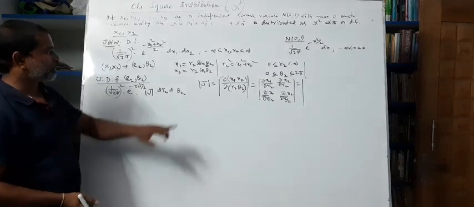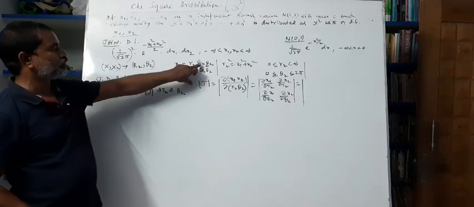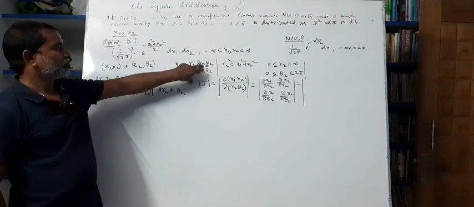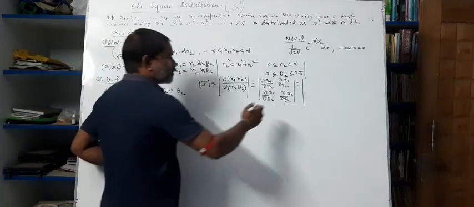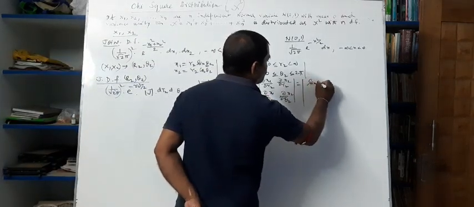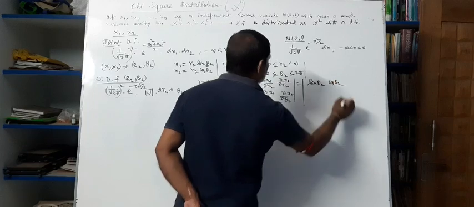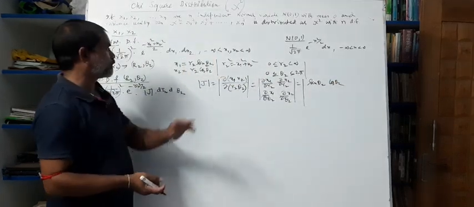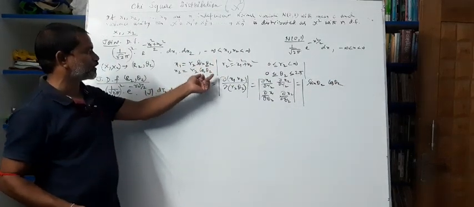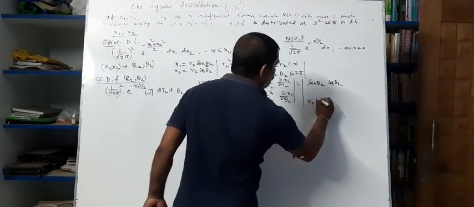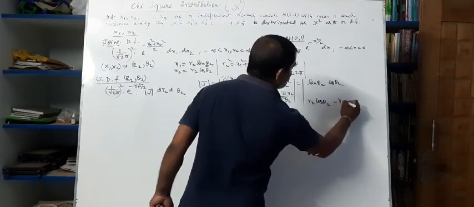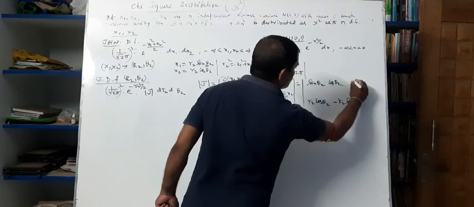if we partially differentiate with respect to r2, then we get sin theta 2 and cos theta 2. And if we partially differentiate x1 and x2 both by theta 2, then here it is r2 cos theta 2 and minus r2 sin theta 2.